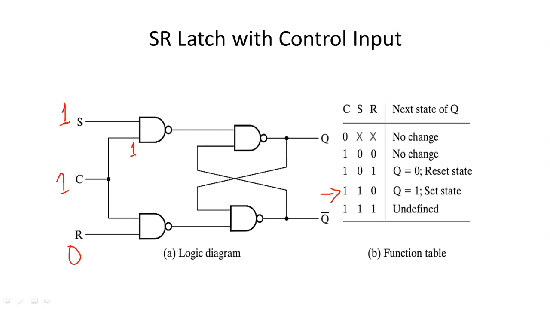So the clock is 1 here and 1 here. S 1 and clock 1, so 1 and 1, and with NAND it is 0. The second one, 0 NAND 1. If it was AND, it would be 0. Now it is 1.